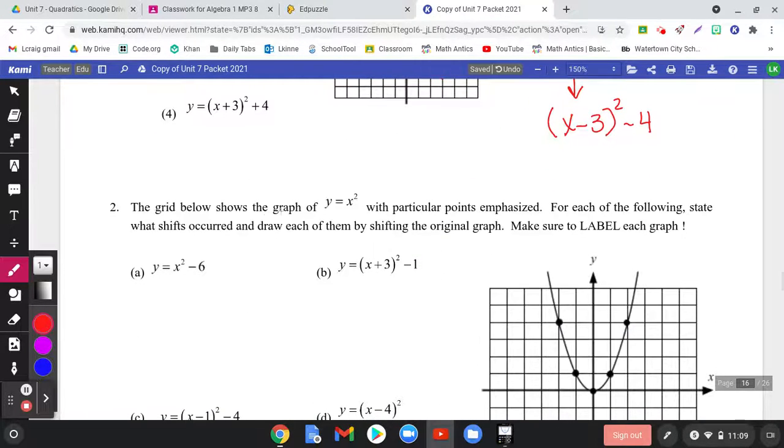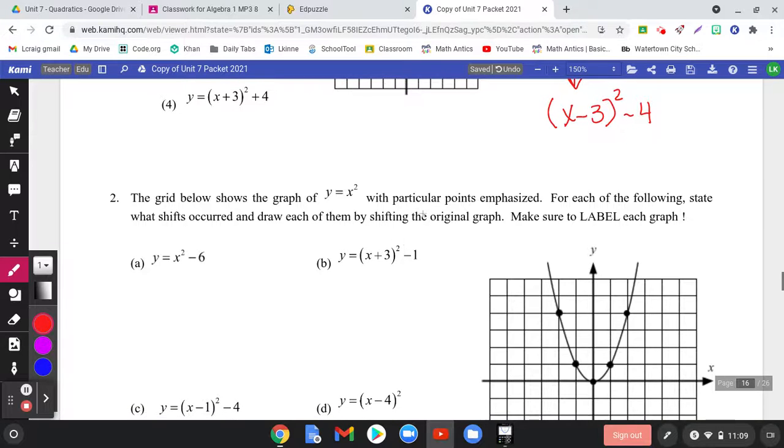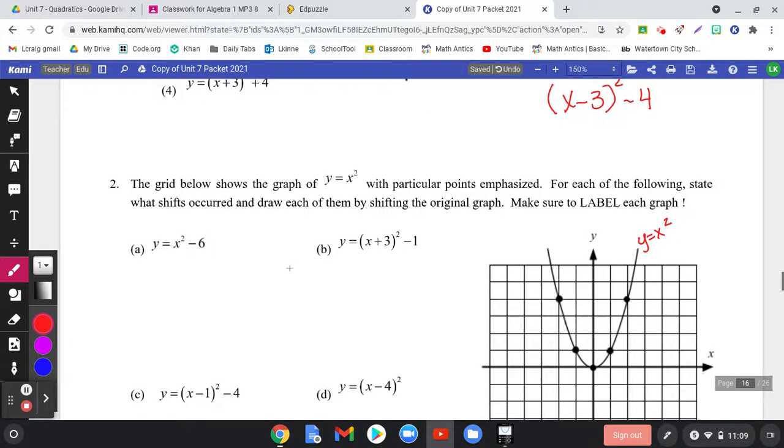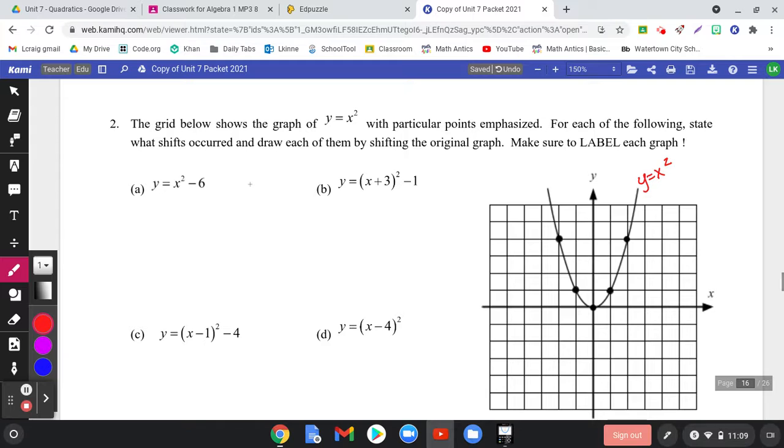All right, so the grid below shows the graph of y equals x squared. I'm going to actually label that with particular points emphasized. For each of the following, state what shifts occurred and draw each of them by shifting the original graph. Again, you can always use your graphing calculator if you're not sure.